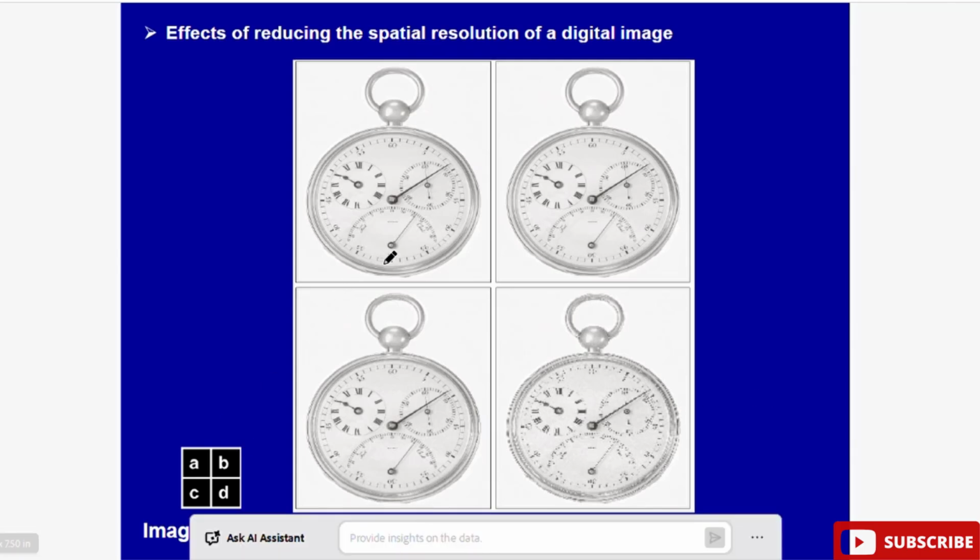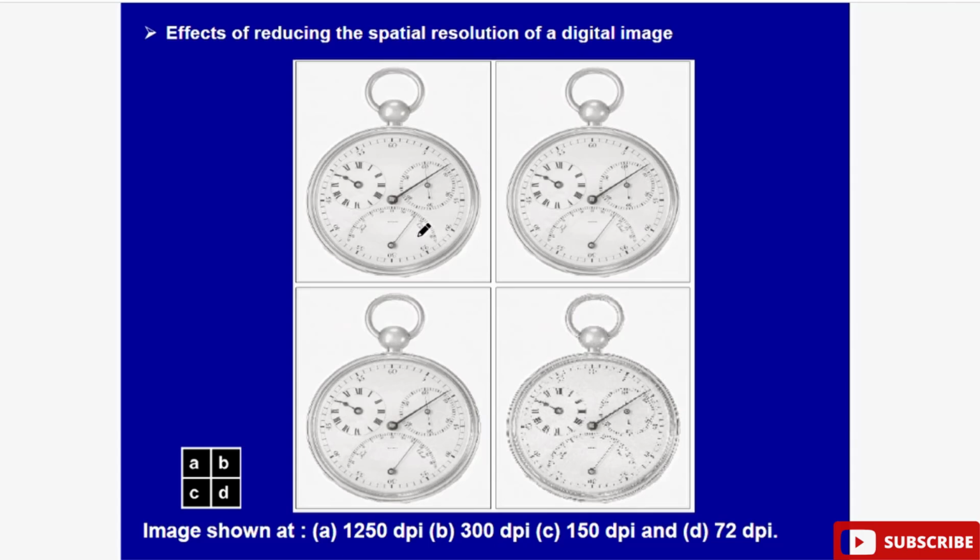See this: the first image is 1250 dpi, where dpi means dots per inch, and the second one is 300 dpi. The spatial resolution is generally represented by m by n. And this C is 150 dpi and D is 72 dpi.